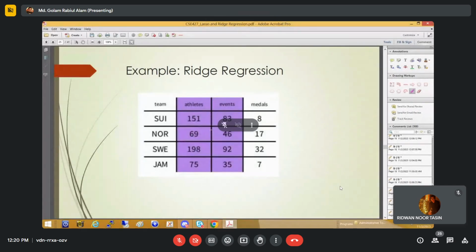Here the data set is given. In this data set, there are athletes, participated events, and number of medals for different teams of the world.